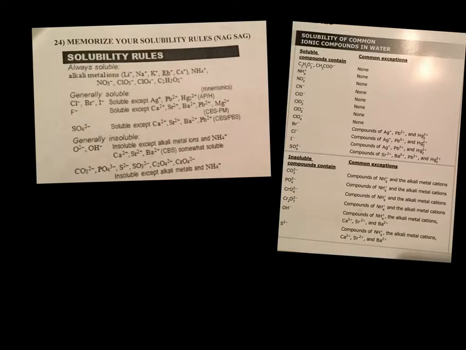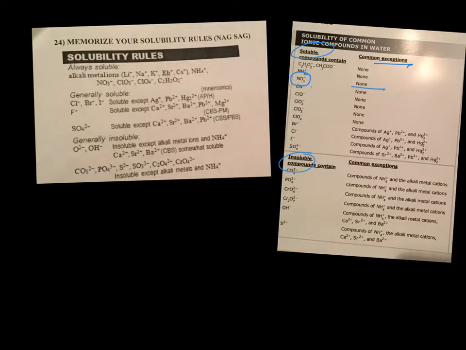What I want to remind you of is that on this chart from pre-AP year, you had 2 categories: the soluble category and the insoluble category. The way I told you to do this is to read it out loud. You would say nitrates are soluble unless, and you would look to see what's on that side. For this, nitrates are basically always soluble.